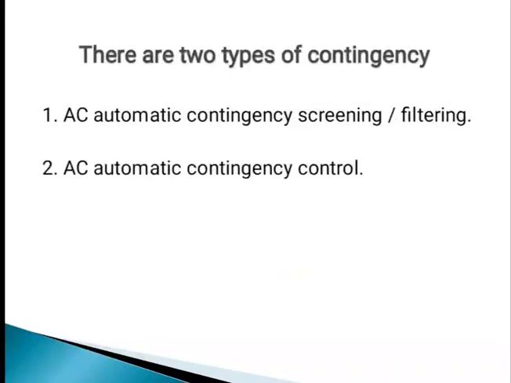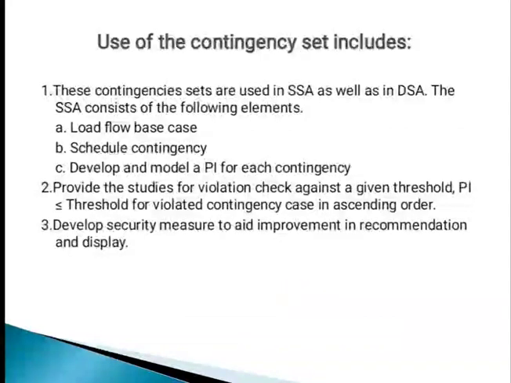One is the AC automatic contingency screening or filtering. Both the screening and filtering processes try to check the AC automatic contingency levels. The second type is the AC automatic contingency control. The second one addresses control, and the first type addresses the screening and filtering option.